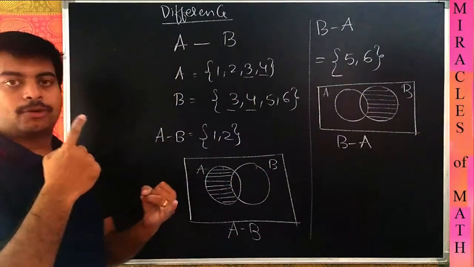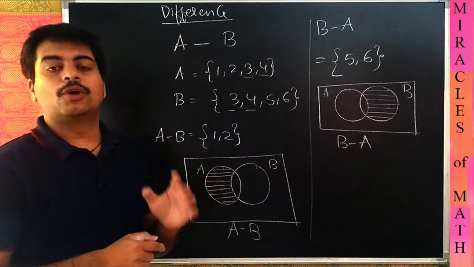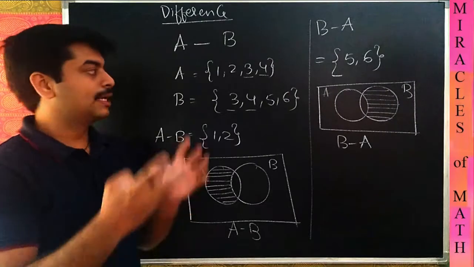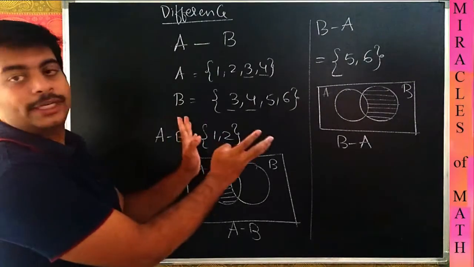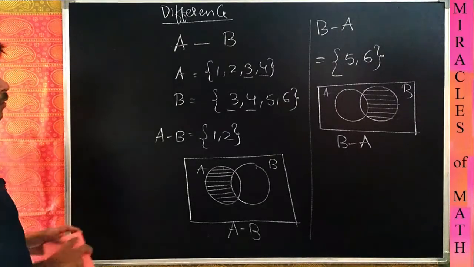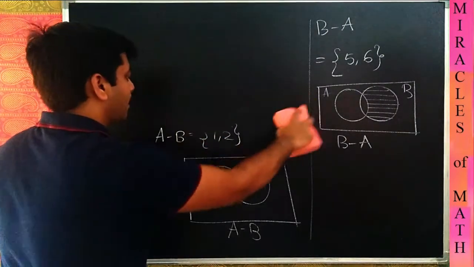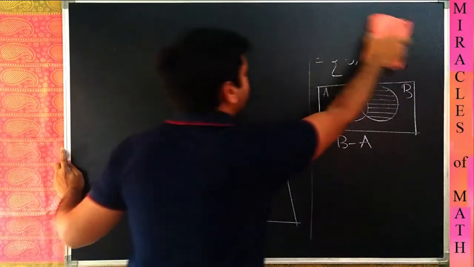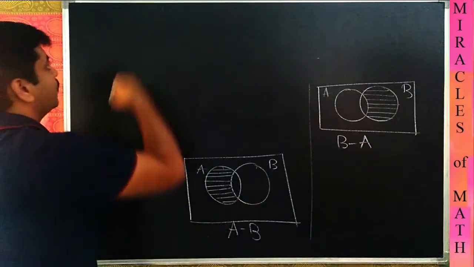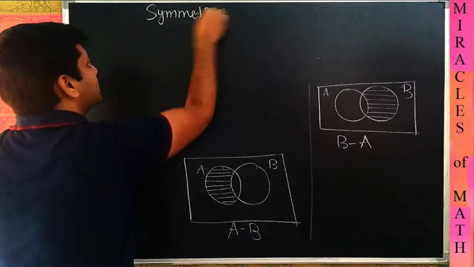Understood. First we talked about union, then intersection, and then difference, and then we will see what is symmetric difference. Symmetric difference means the joining of these two differences. What is symmetric difference?